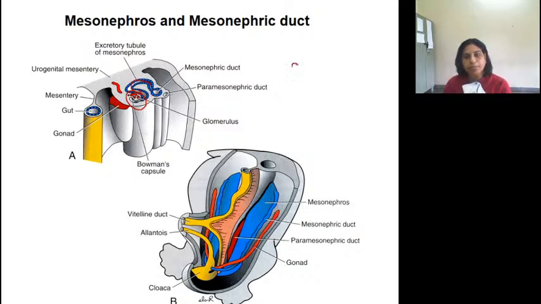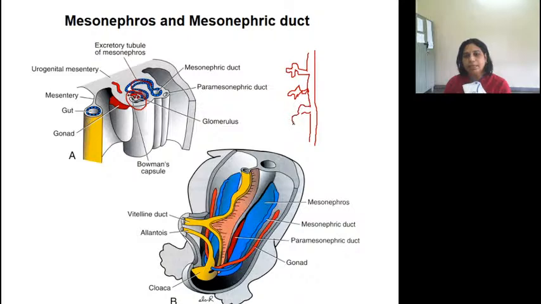So you see a series of mesonephric tubules like this, a continuation of mesonephric tubules, and all of them are draining into the mesonephric duct. This is the mesonephros and the collecting part.